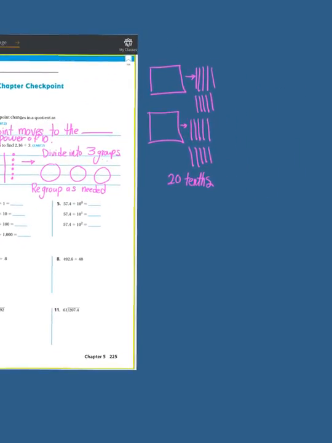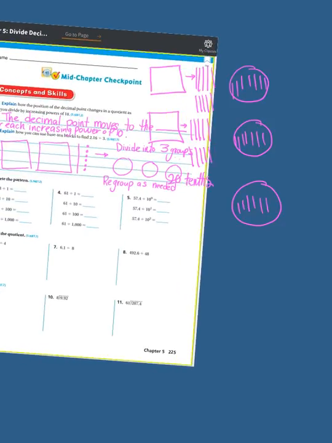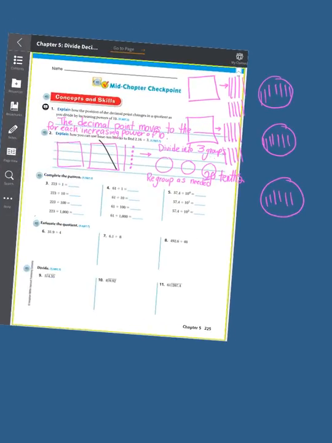So I have my 3 groups, 1, 2, 3. I'm going to divide up my 20 tenths. I also have 1 over here, so I divided that up, and then now I'm going to put that tenth in there.